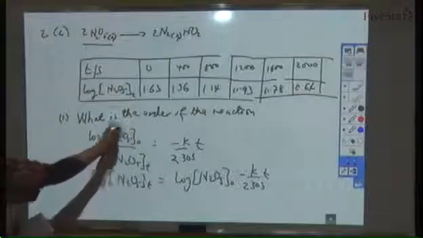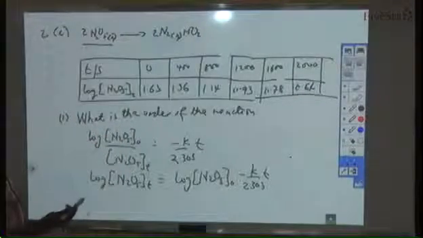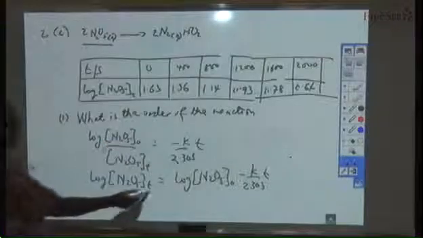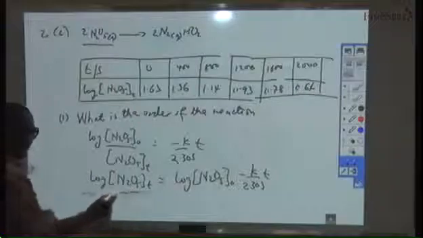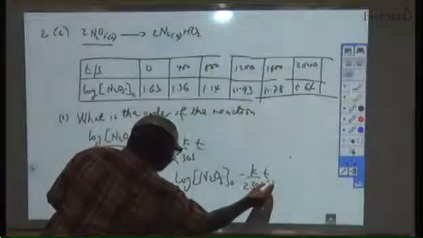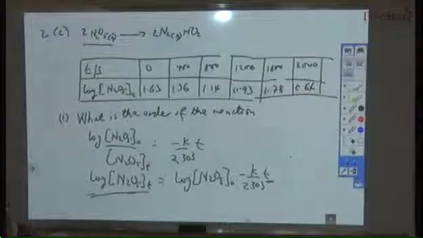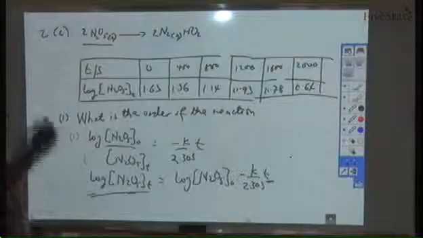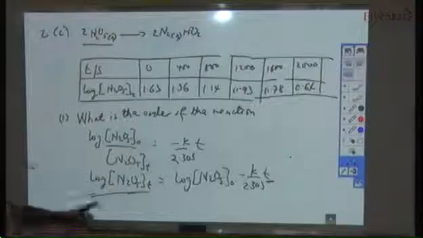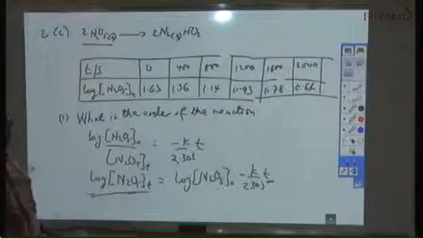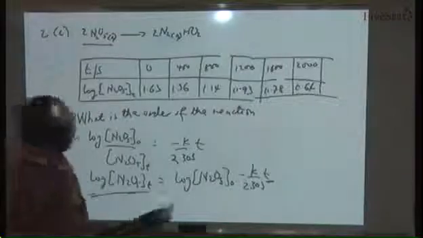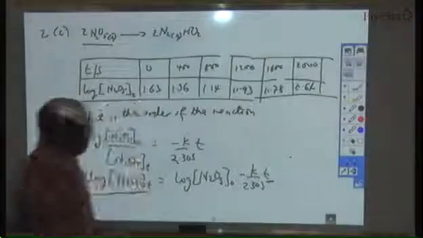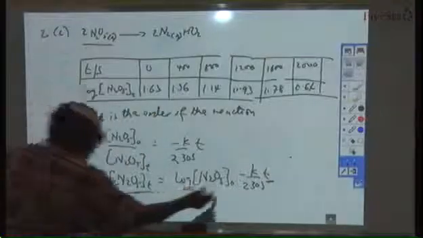Because the logarithms, if you are dividing them, you can subtract. If you do so, then you can make this one as a sum of the equation. Now, if you have a plot of this against this one, you are expected to get a straight line. Why? Because this is an equation of a straight line. The slope of this line will be minus k over 2.303. And the y-intercept is this one.